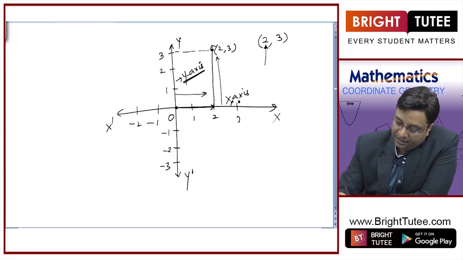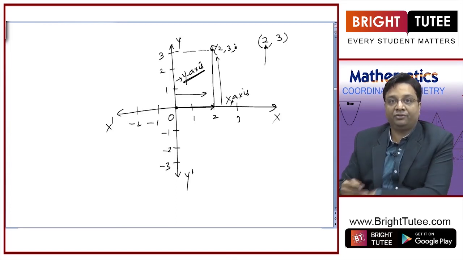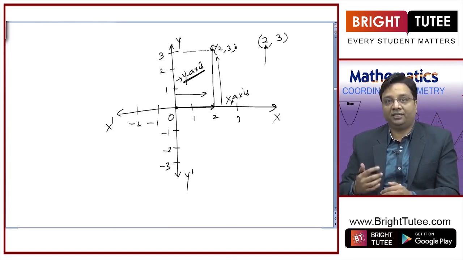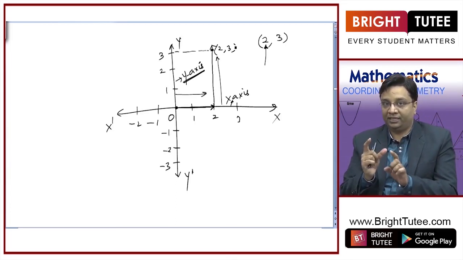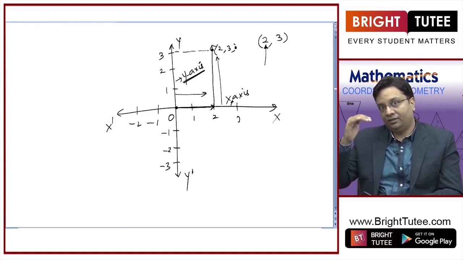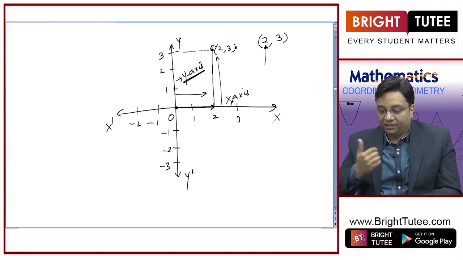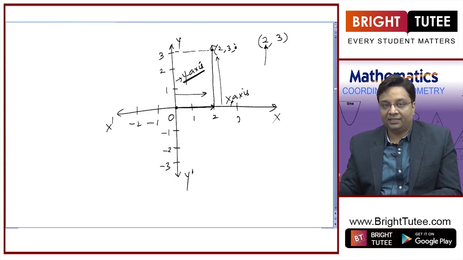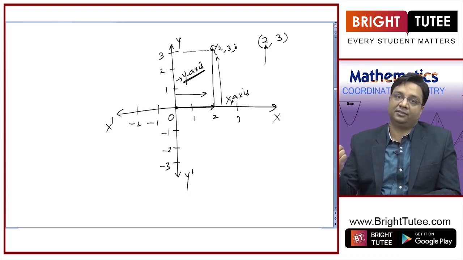This is x axis, and this point is 3 units away from x axis. Now I need to make this statement in one sentence, right? That the point (2, 3) is 2 units away from y axis and 3 units away from x axis.